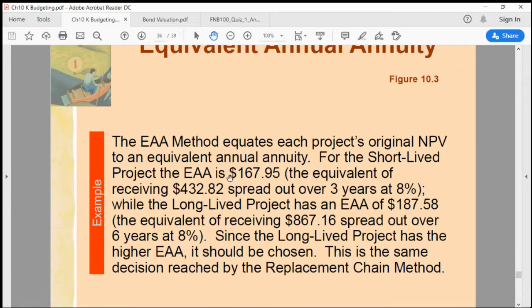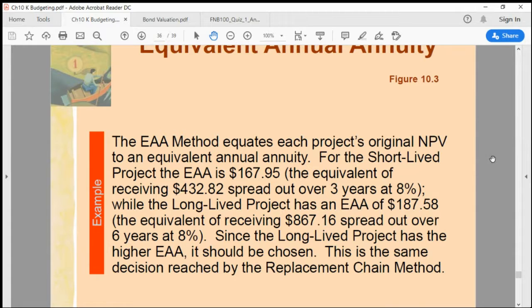And it says, well, the annuity payment for this present value of annuity is this, and that's a 3-year annuity, right? And this is annual. And the annual annuity payment over 6 years would be equivalent. The present value of that would be this.